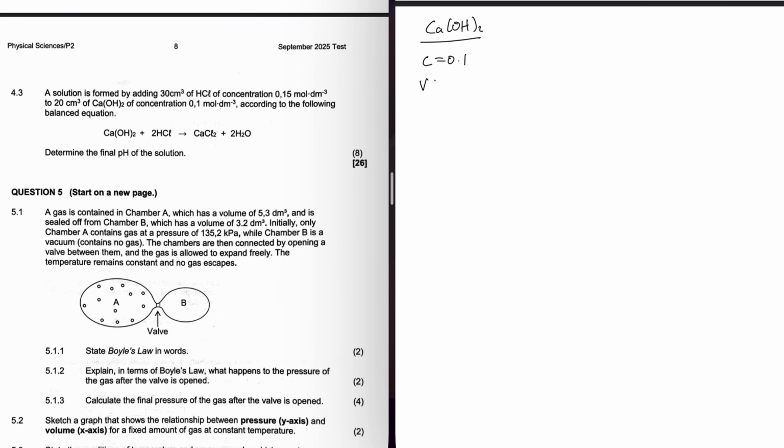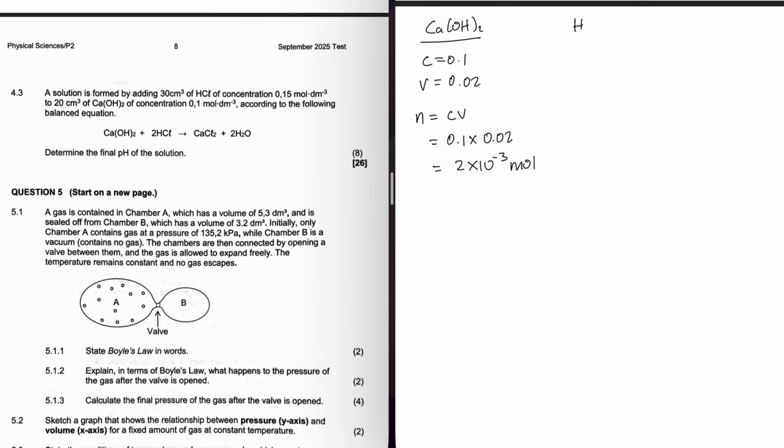We know the volume, which is 0.02. We can then calculate the number of moles. So number of moles is equal to C times V. 0.1 times 0.02, which is equal to 2 times 10 to the minus 3 moles.